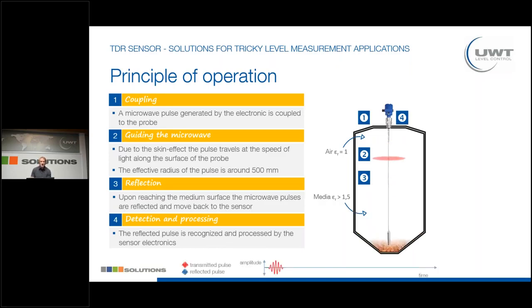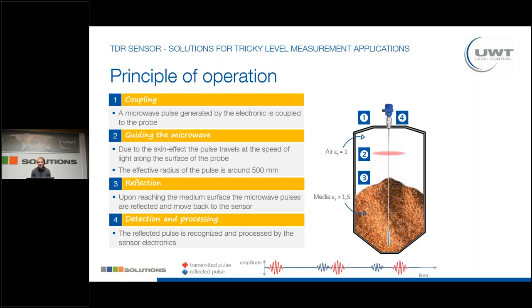So here we can see how it basically looks. When the level is reached, the pulse gets reflected and reaches the sensor again. So the pulse to pulse time is always the same. But when the level is higher, the time difference between sent and reflected pulse is shorter.